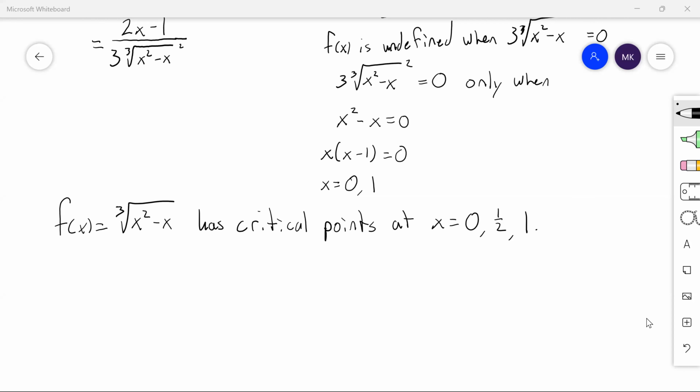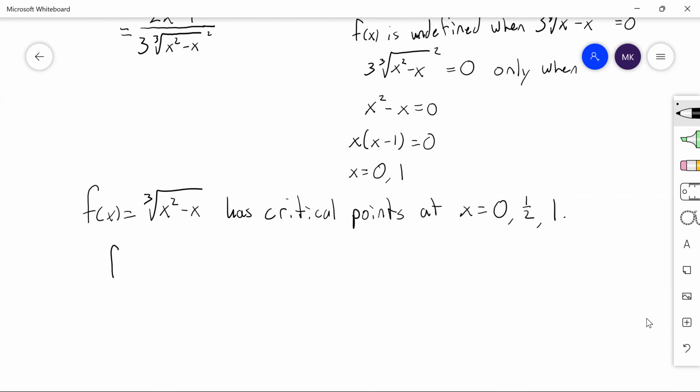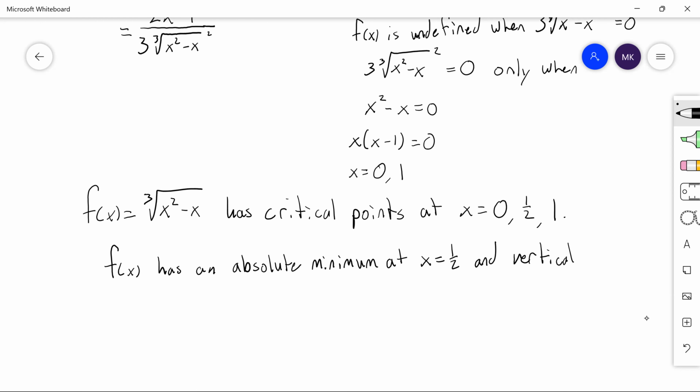So what we have is that f of x has an absolute minimum at x equals 1/2 and vertical tangent lines at x equals 0 and x equals 1. Any questions on that?